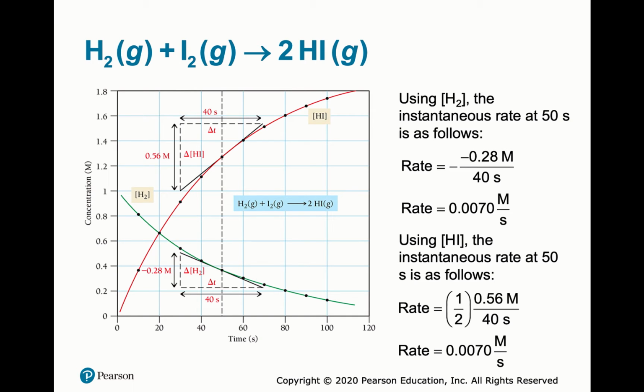So again, we have this chart here, the concentration on the y-axis, time on the x-axis, and you have it for the product hydrogen iodide in red on the top and green hydrogen on the bottom, the rate of disappearance of hydrogen. So using hydrogen, the instantaneous rate, you're calculating the rate at 2 different times, but you have to divide the rate by 2 because of the hydrogen iodide.